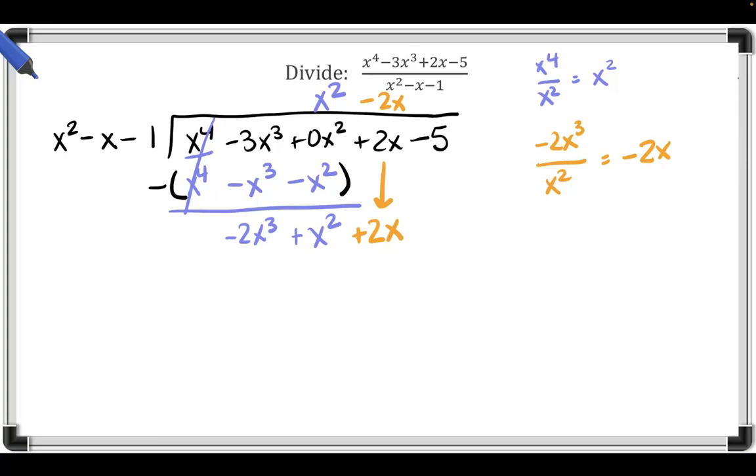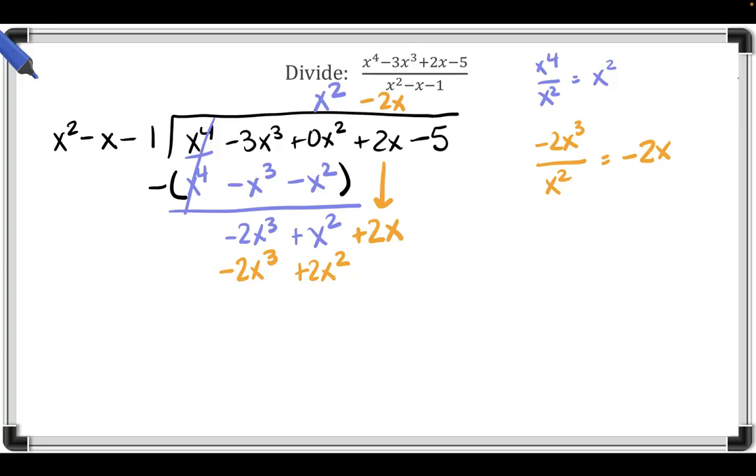All right, so now we're going to multiply. We're going to multiply our negative 2x by what we have in our divisor, which is right here on the left side. So I'm going to multiply negative 2x by x squared, which is a negative 2x cubed. And then negative 2x times negative x, which is a positive 2x squared.